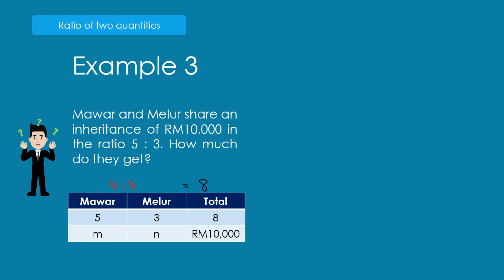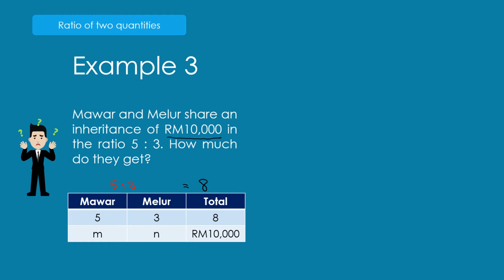Given this value, RM10,000 is the total amount which we have to divide and give to Mawar and Melo.